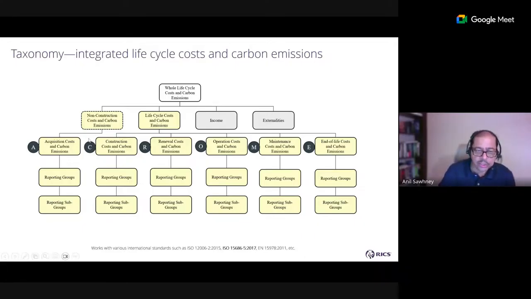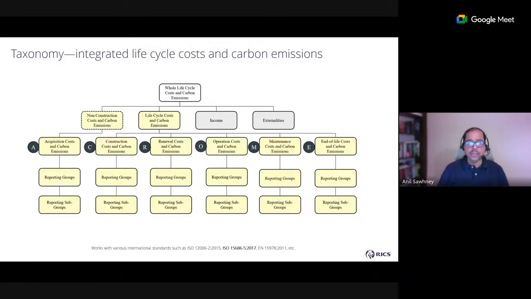They come and sit under C or Chrome, which is construction costs and carbon emissions. Then you have renewal costs and carbon emissions. That is the R in the A-Chrome. This again connects back to WLCA as well as the cost.